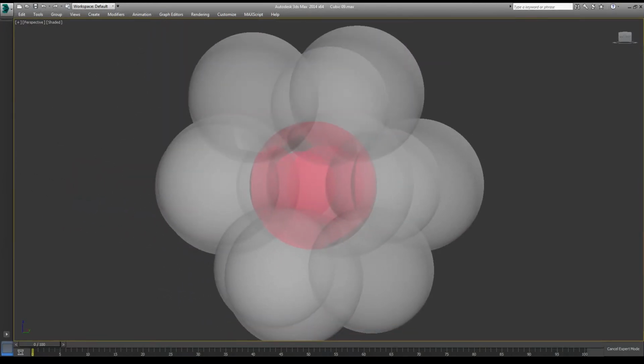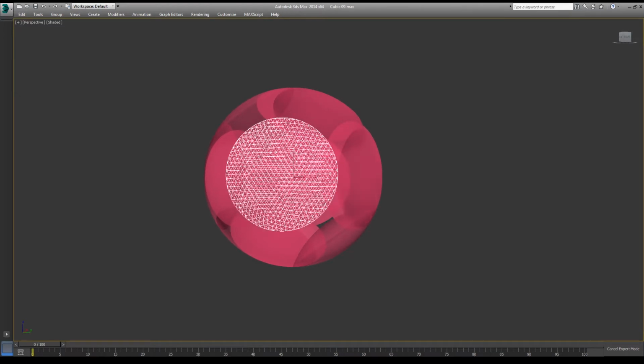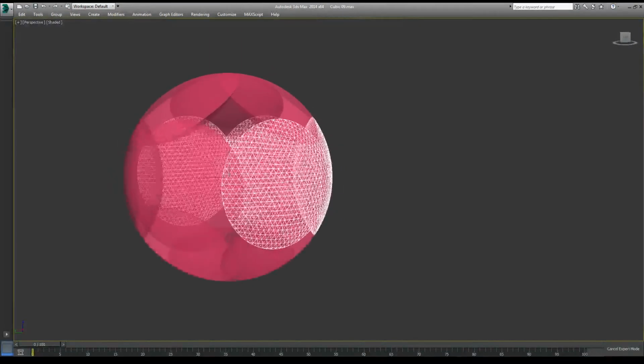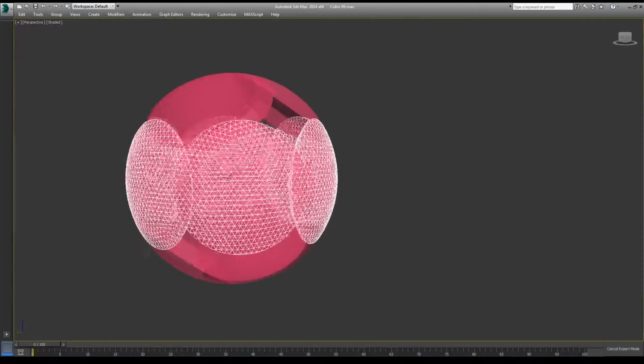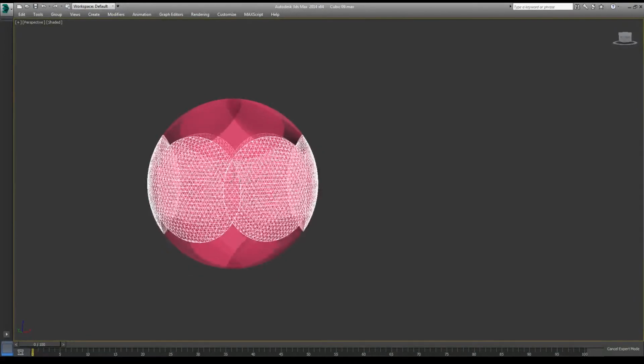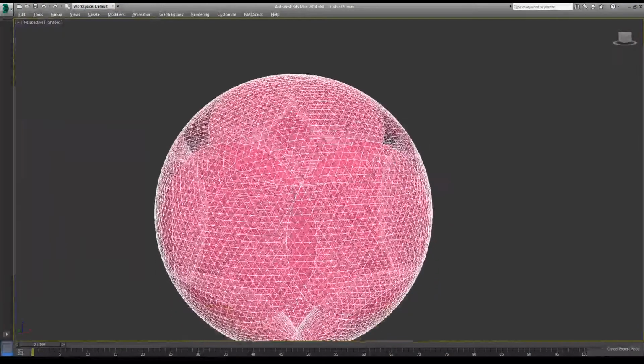And if we turn these off, we can see here we've got these 12 intersections, and the 6 around the centre, and then the 3 above and below. Again, if I select them all with this highlighting, you can maybe see a bit more clearly.